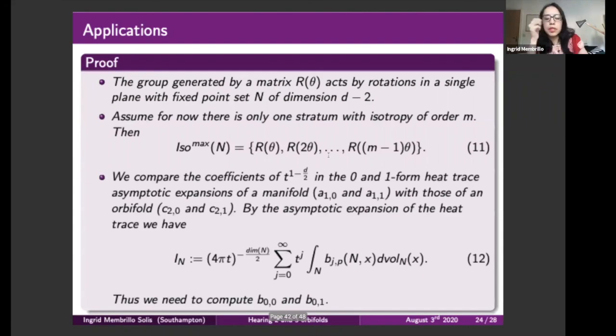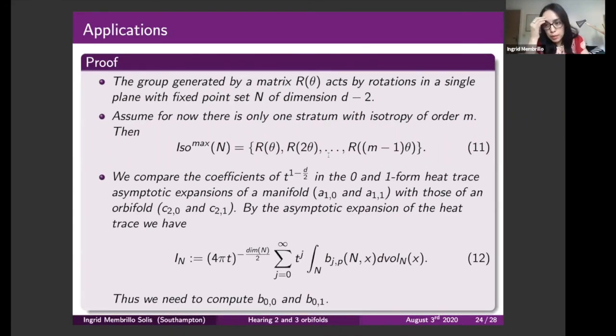So then the important thing is to try to see when the contribution of the singular strata appears in the expansion. The first term where the contribution appears is as a coefficient of t to the 1 minus d over 2 in the 0 and 1 form asymptotic expansion.